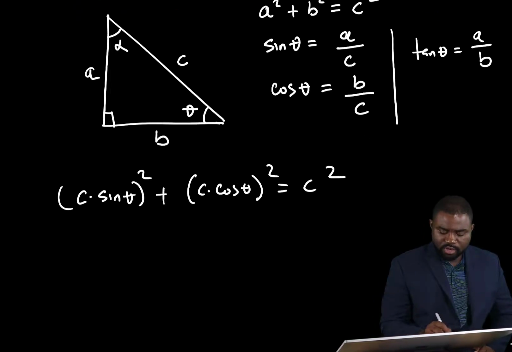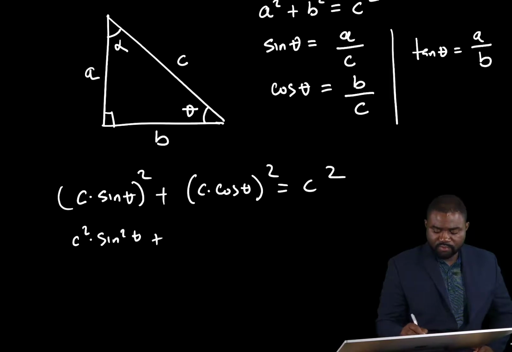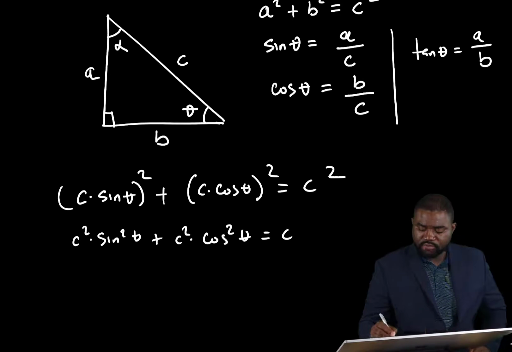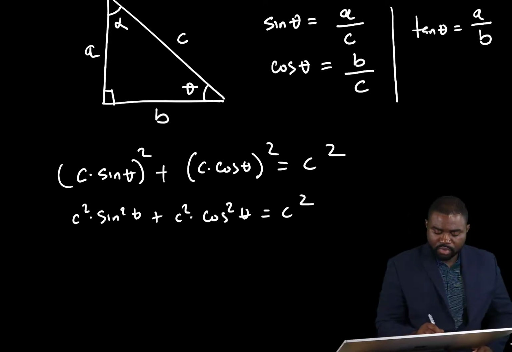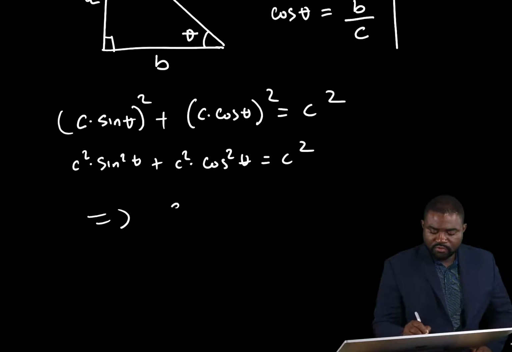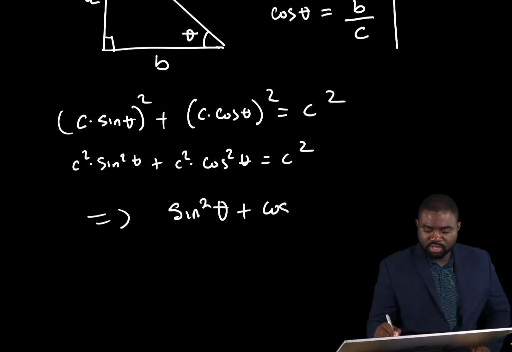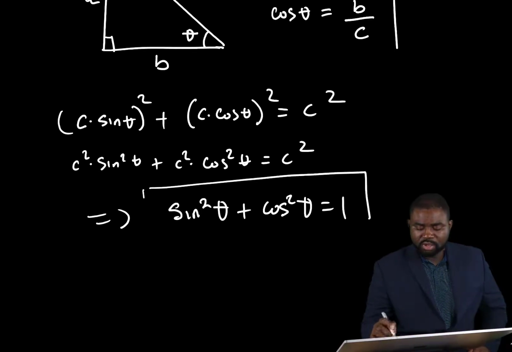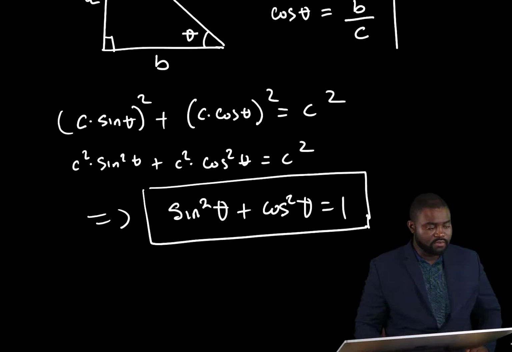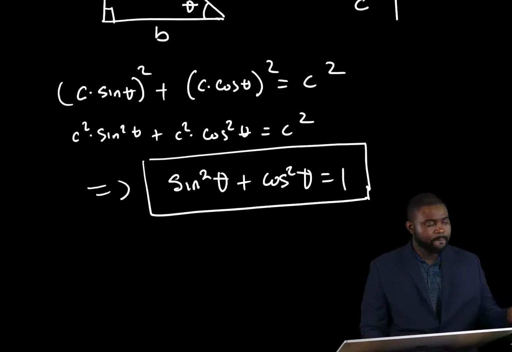This is C squared sine squared theta plus C squared cosine squared theta all equal to C squared. If we simplify, you will clearly see that sine squared theta plus cosine squared theta will be equal to 1. This gives us the first Pythagorean trigonometric identity.